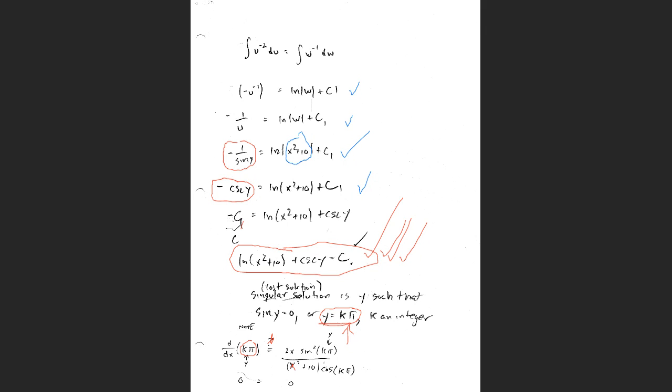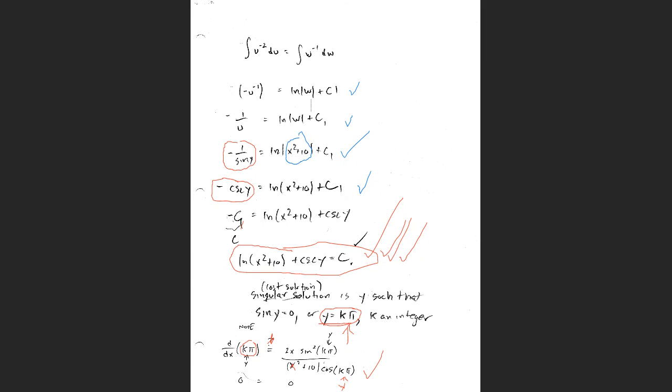hold on now, let me just check one thing on this. Yeah, because remember, dy/dx was equal to 2x times sine squared of y divided by x squared plus 10 times the cosine of y. So if you substitute in k times pi for y, it's a solution because you get 0 equals 0.